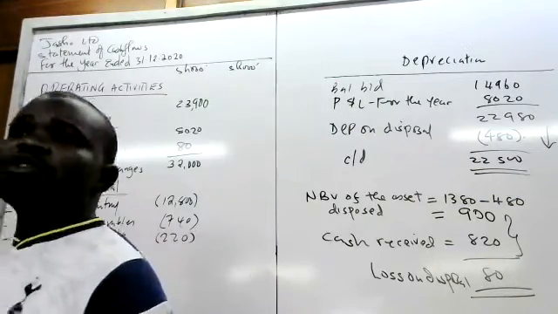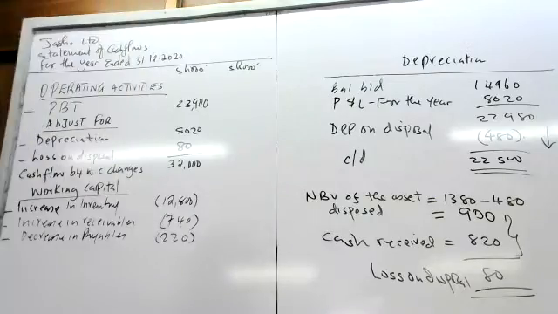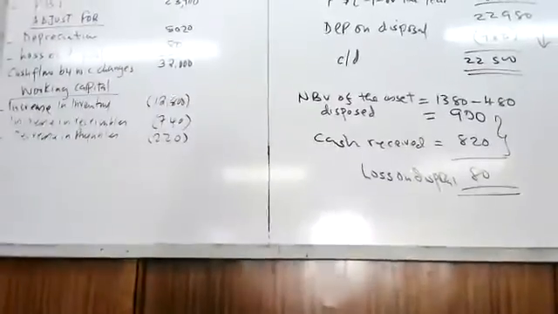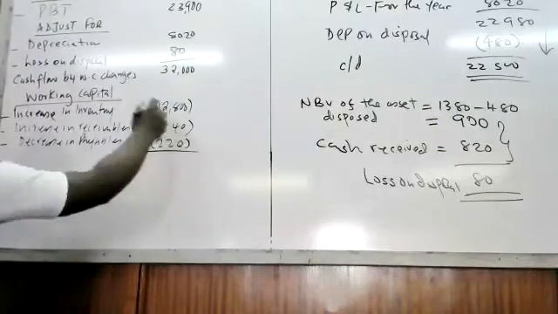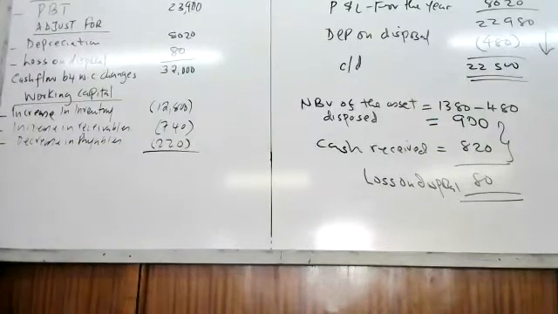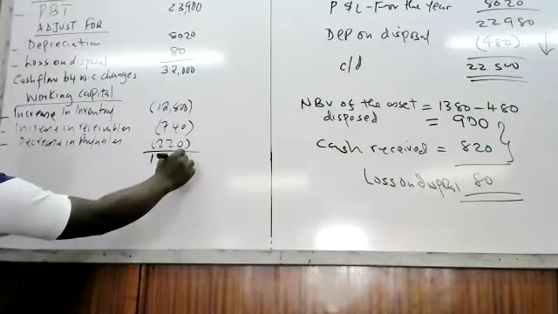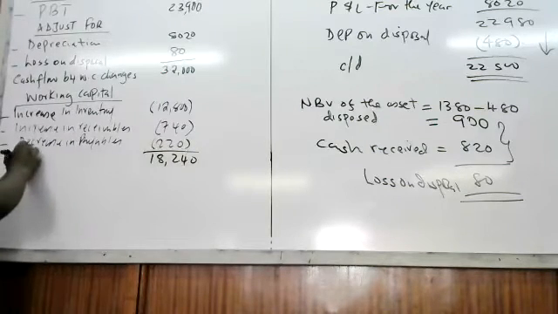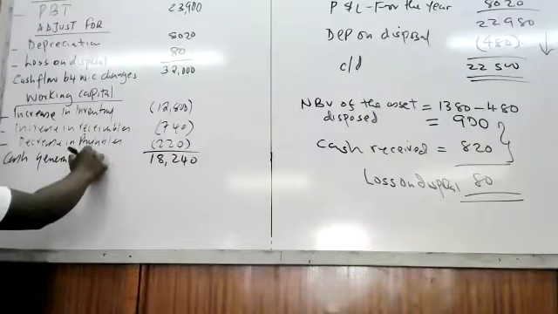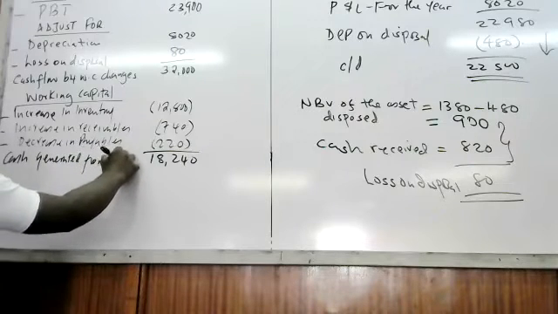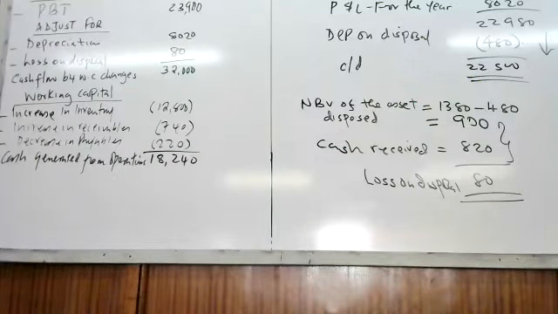So a decrease in payables means you have paid creditors, so you have less cash. So the total is 18,40. That is cash generated from operations.